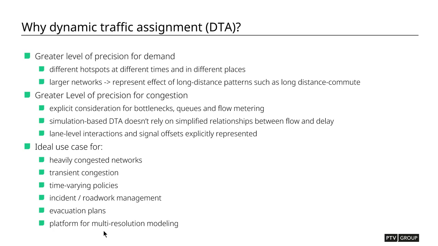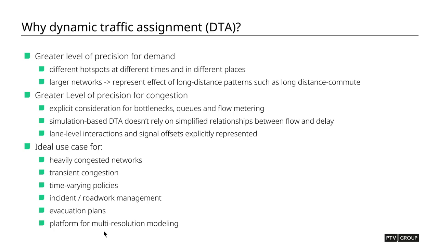However, that is something dynamic assignments can do. So DTA is useful for larger networks to represent the effect of long distance patterns more realistically. So therefore it's possible to see how congestion evolves from traffic moving into the city center in the morning. You cannot do that in a static model.